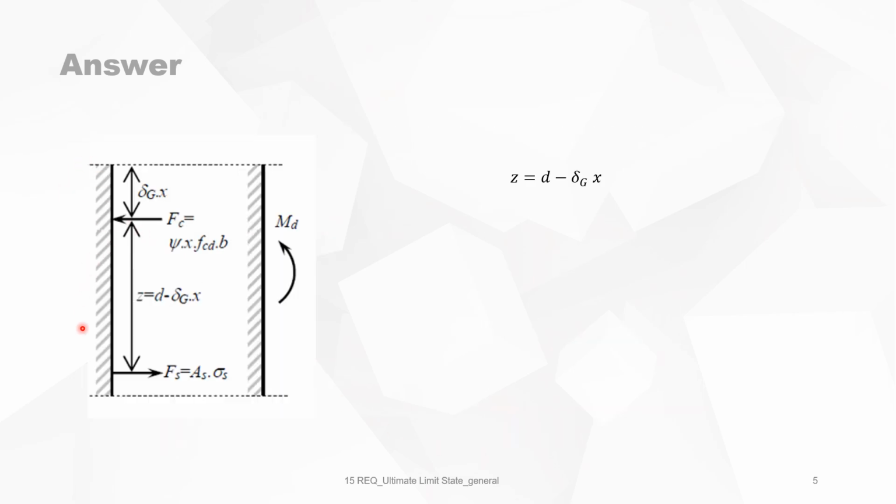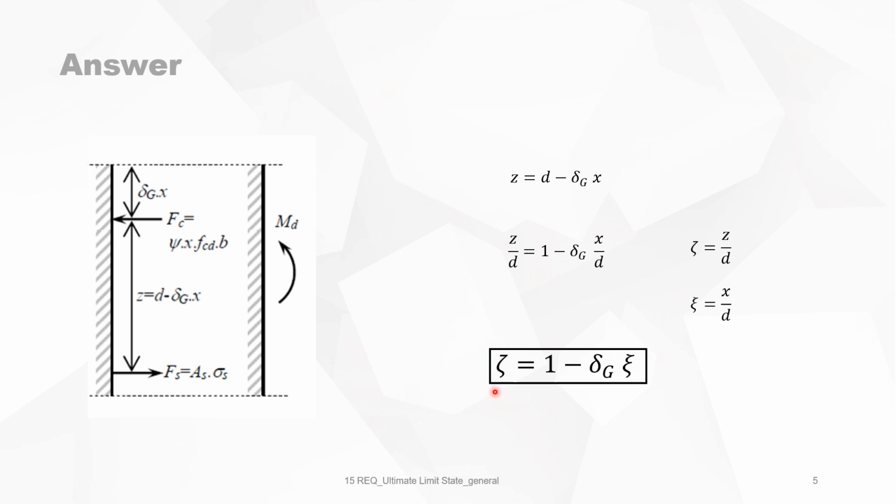Now let's look at the following expression. We still need to find z. z is d minus delta Gx. So z over d is 1 minus delta Gx over d. x over d is c. So zeta is z over d, and c is x over d.